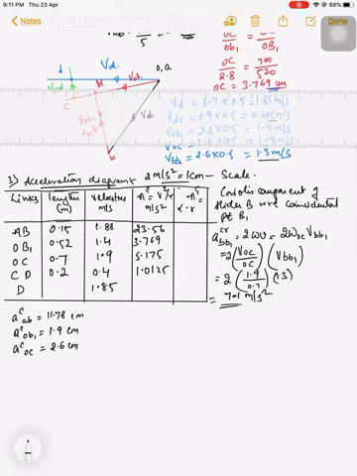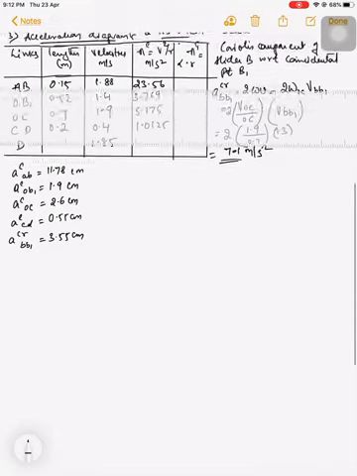Now the last link CD, 1.1 divided by 2, that is 0.55 centimeter. And we have the Coriolis component for BB1, 7.1 divided by 2, that is 3.55 centimeters.